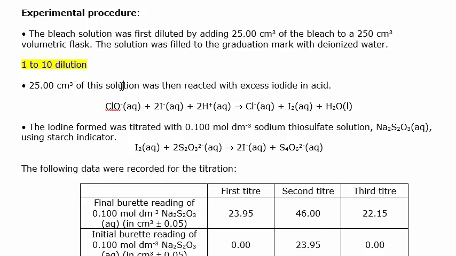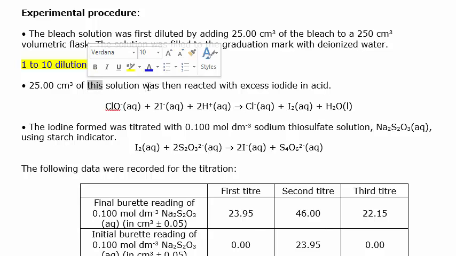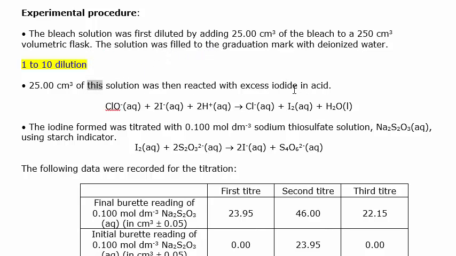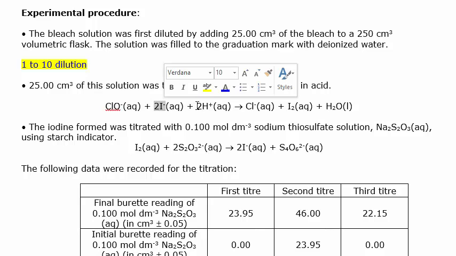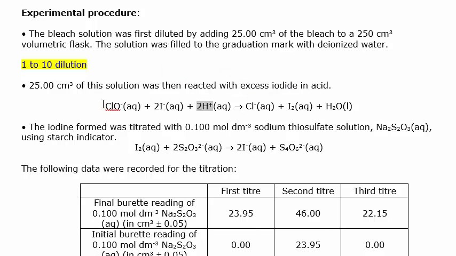Then 25 centimeter cubed of the diluted solution was reacted with excess iodide in acid. There's the iodide, there's the acid, and it reacts with the hypochlorite. You'll see that 1 mole of hypochlorite produces 1 mole of iodine. So that's a 1-to-1 reaction.